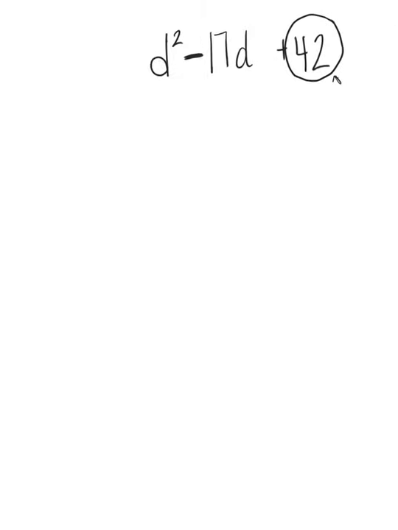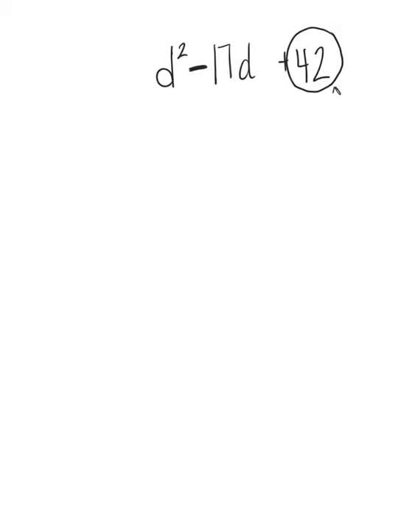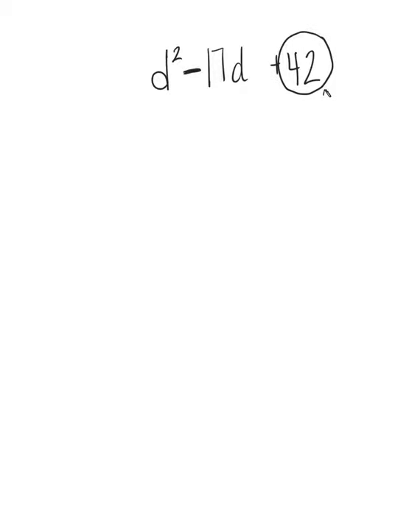Okay, let's go back over here and look at this. d squared minus 17d plus 42. What are my factors of 42? Well, I need to be looking at taking the negative factors of 42. So let's think of negative 1 times negative 42, right? That's always the first call. Or maybe negative 2 times negative 21.